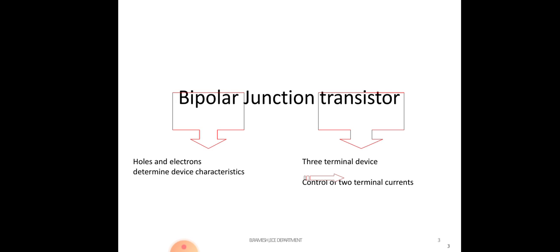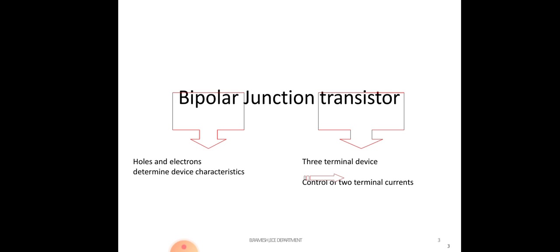So here, in this junction transistor, both types, the majority and minority carrier current, take a role in this transistor. So that's why we are calling it bipolar.